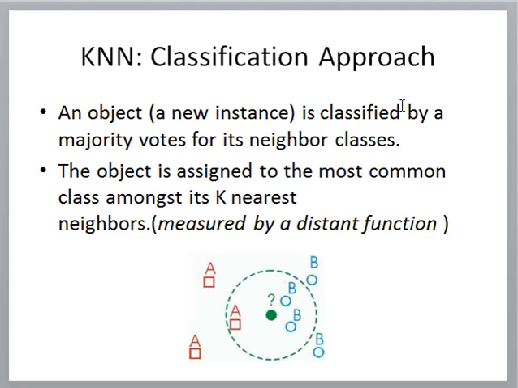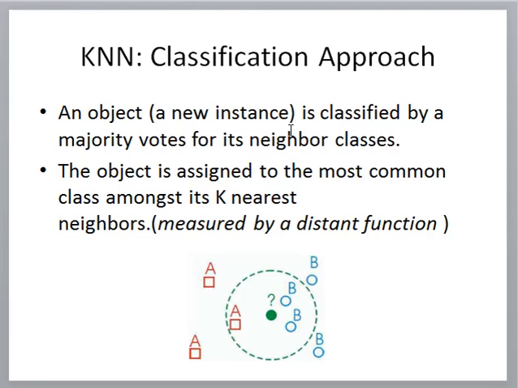That's why we call it the k nearest neighbors algorithm, because in KNN the new instance is classified based on the votes of its neighboring classes. So it has some neighbors, and those neighbors vote for the new instance, and based on their majority votes, we decide which group the new instance belongs to.